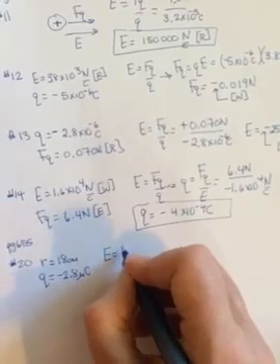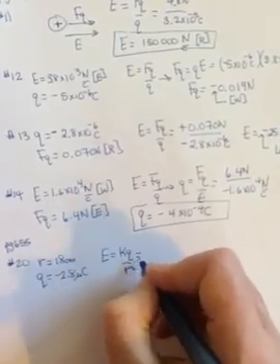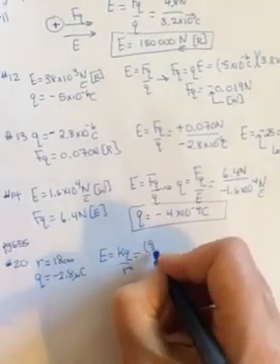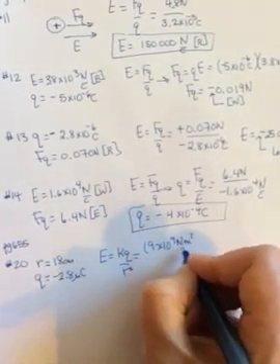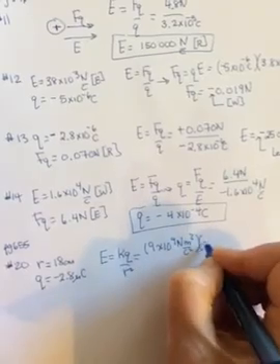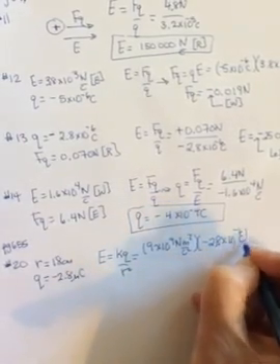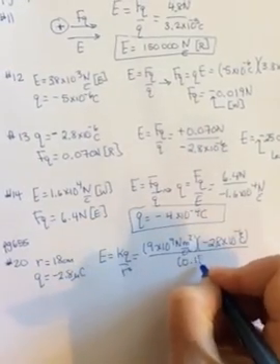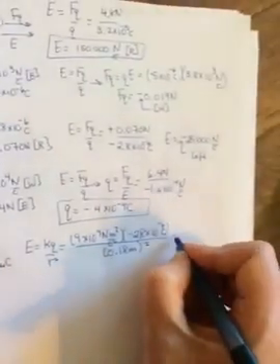We're going to use E is equal to kQ over R squared, where the Q is the charge creating the field and the one that has the R in it. So 9 times 10 to the 9th newton meters squared per coulomb squared times negative 2.8 times 10 to the negative 6 coulombs divided by 18 centimeters, which is 0.18 meters. Don't forget to square it.